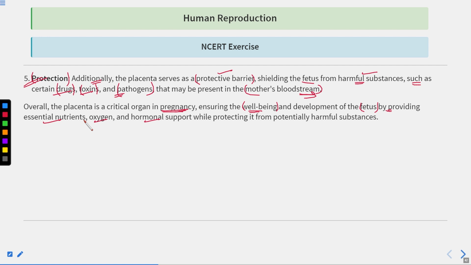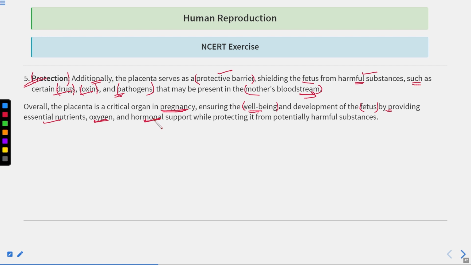One of the metabolic activities is respiration. During respiration, what happens? The respiratory substrates such as carbohydrates, proteins, and fat are broken down in the presence of oxygen. What is released? Energy is released, and carbon dioxide is also released as a byproduct. So the placenta also helps in the removal of this toxic waste produced in the fetus.